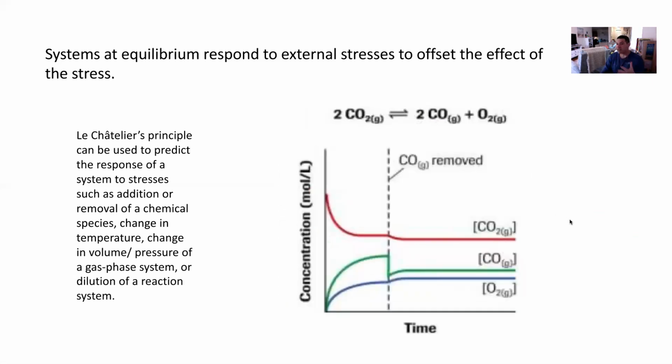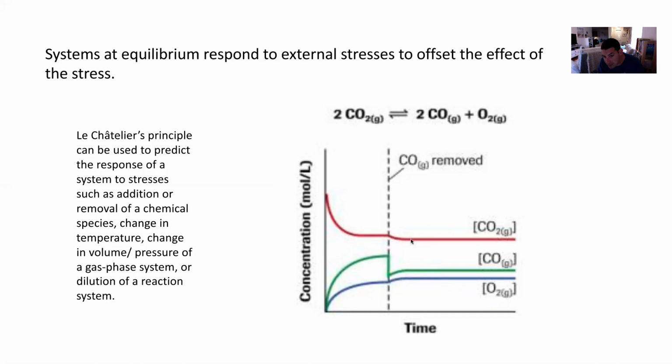Now, the concentrations. Let's say that carbon monoxide in this example was removed, so we are removing one of the products. Let's see what happens to the CO, again shown in green. What do we see happening to the CO2, which is our reactant?